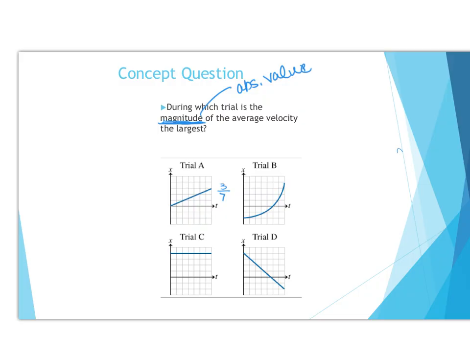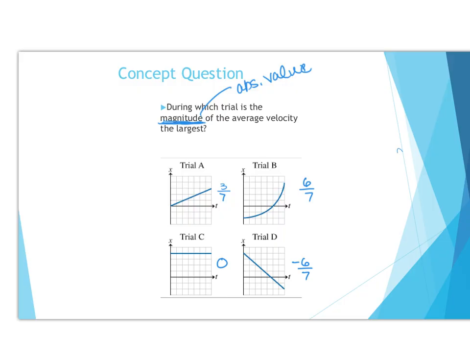In trial B, we have a rise of 6 blocks. Again, the run, or what our delta t is, is 7 blocks. So we have an average velocity of 6/7. That's our slope. Here in trial C, we have a horizontal line which has a slope of 0. And in trial D, it actually has a negative slope of 6/7.